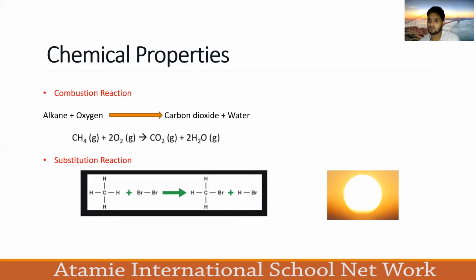The products, carbon dioxide and water, are a must. This is the fundamental equation. It doesn't change for any alkane. It could be decane or something like that. If it burns in oxygen, it will produce carbon dioxide and water, nothing else.